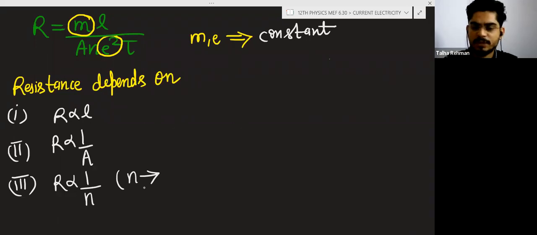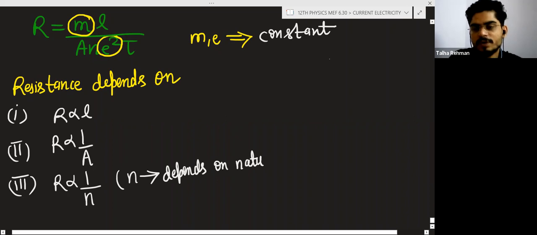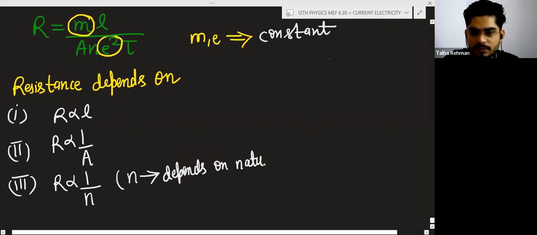So this is the property of the material. It depends on the nature of the material. For copper there is a different n, and for aluminium there will be a different n. So n is the property of the material.